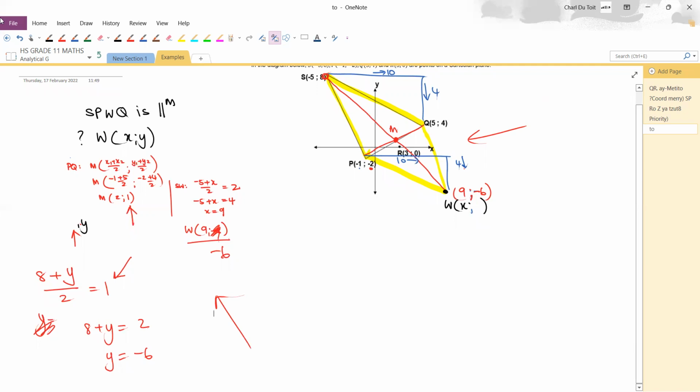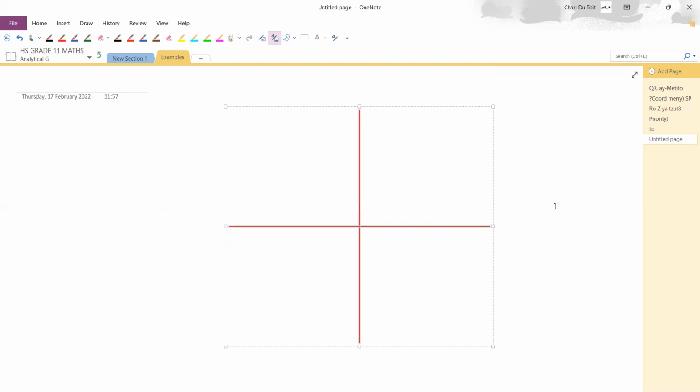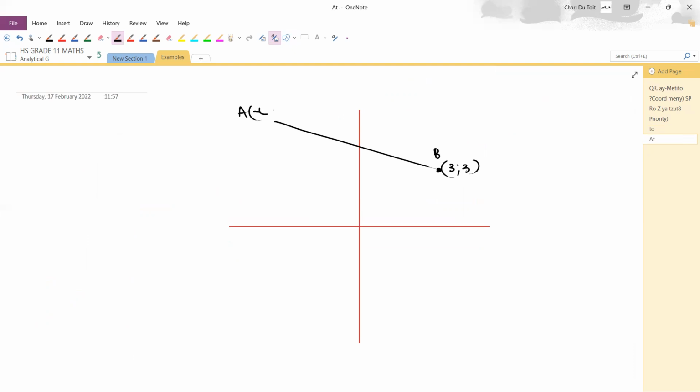Okay, one more thing. If I have, let's draw this system of axes. If I have a line here, let's say this coordinate here is 3 and 3. This is B. And this coordinate here, A, is -4 and 5.